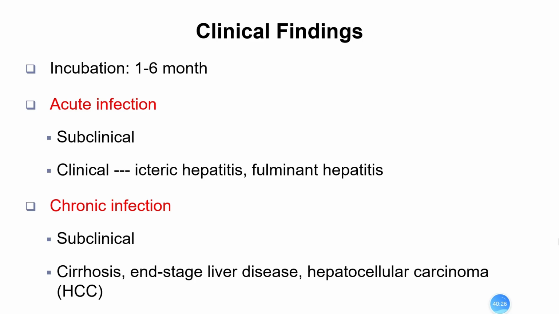Incubation of HBV is about 1 to 6 months. It can cause both acute infection and chronic infection. But we should keep in mind that for HBV, especially in adults, even after exposure, most adults don't develop any disease. So that's subclinical. And even if they suffer from hepatitis for some time, most of the people infected by HBV can recover.